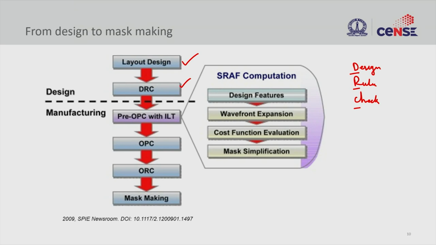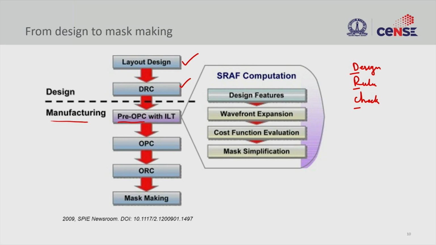For instance, if my lithography limit is only 50 nanometers, and then in your layout or in your circuit you are asking for less than 50 nanometer, it is a violation because it cannot be reproduced. So this design rule check makes sure that whatever you design can be reproduced in your wafer. So that is the first step, and once it clears that design rule check, when it goes for manufacturing, we do a pre-OPC, right, optical proximity correction.